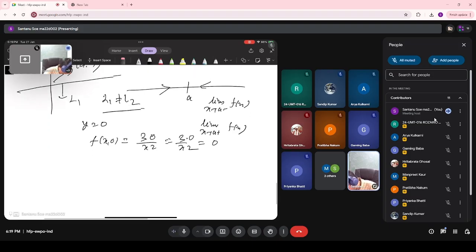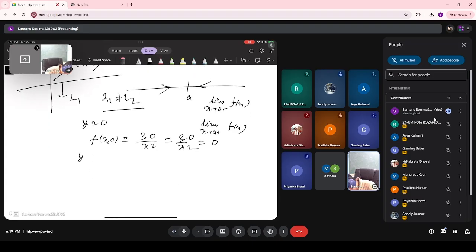And similarly, if you take the line y equals x, then f of x comma x is nothing but 3 into x square divided by x square plus x square, which is nothing but 3x square divided by 2x square, and this is nothing but 3 by 2.